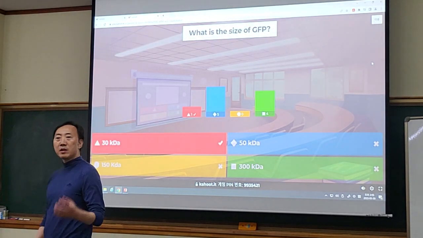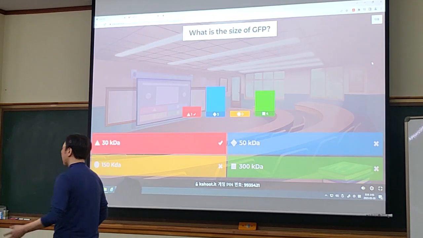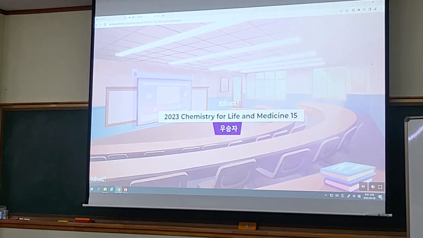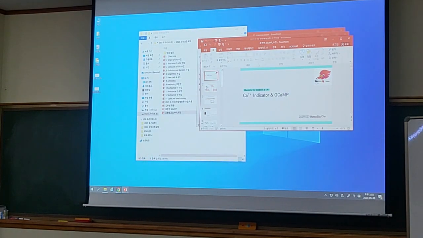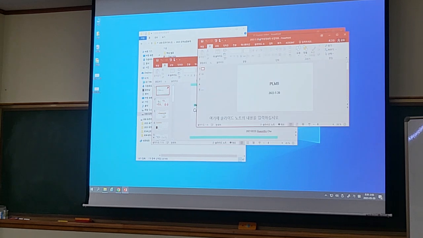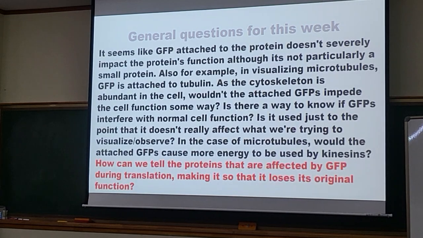It's a relatively small protein, but actually many proteins are even smaller than 50 kilodalton. So the advantage of GFP is it can be used for live cell imaging, but there are actually a lot of problems.